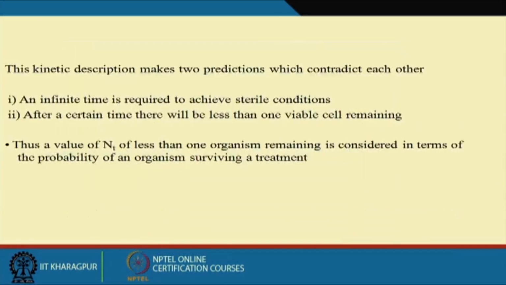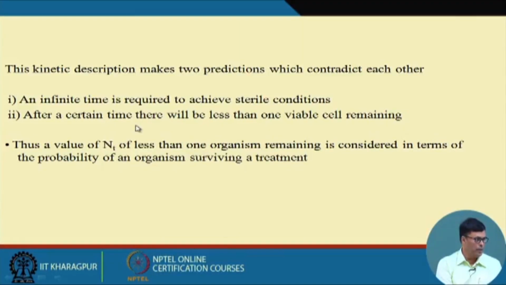Now, this kinetic description makes two predictions which contradict each other: a definite time is required to achieve the sterile condition, and after a certain time there will be less than one viable cell remaining.